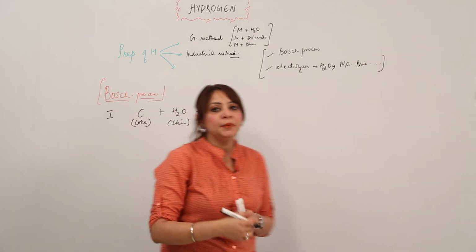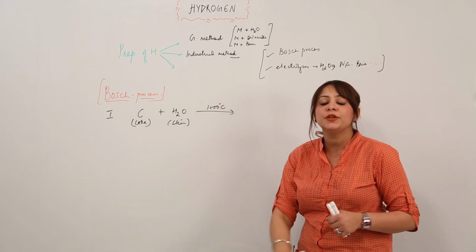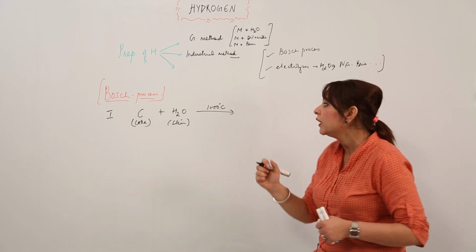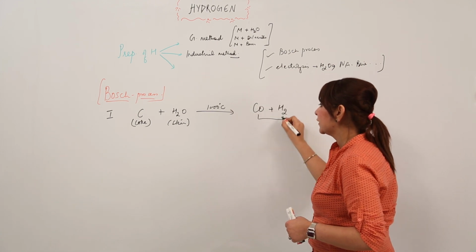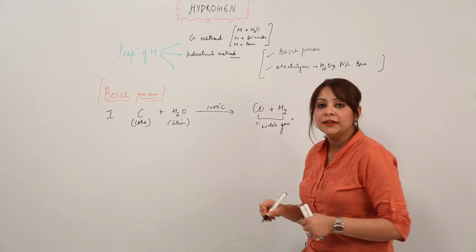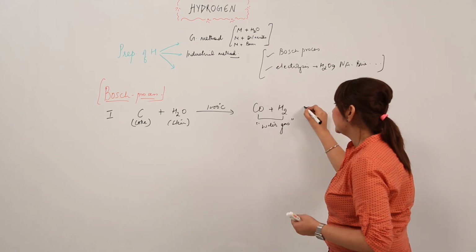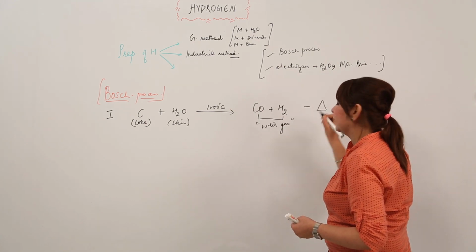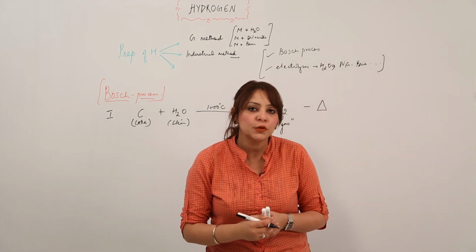When steam is passed through the powder form of coal, that is the coke, it leads to the formation of CO plus H2. What is it? It is water gas. This reaction also leads to a decrease in energy. So this is the first reaction carried out in the Bosch process.